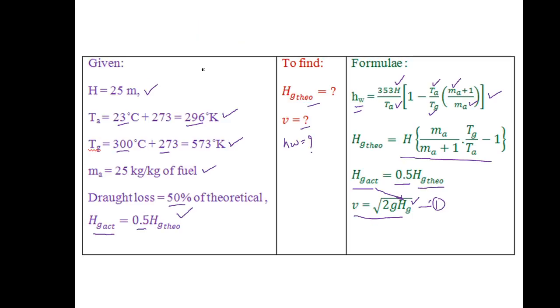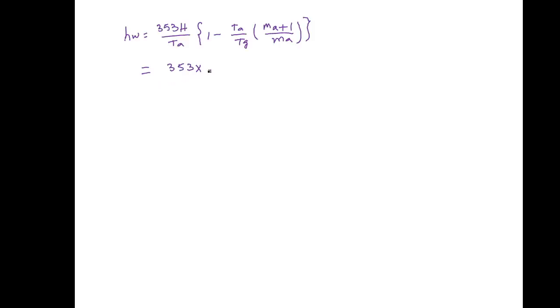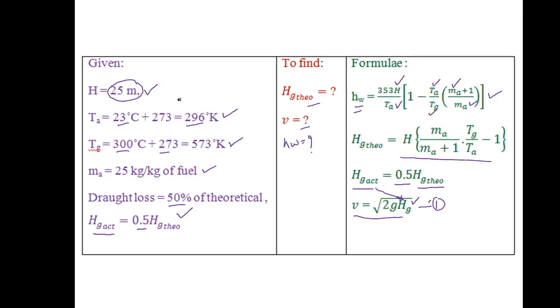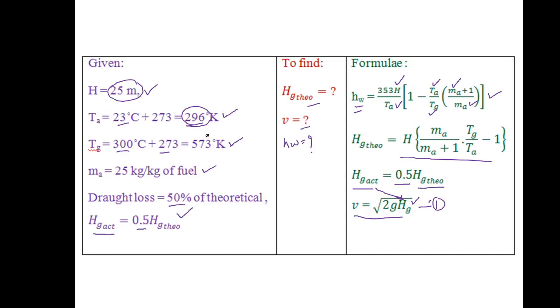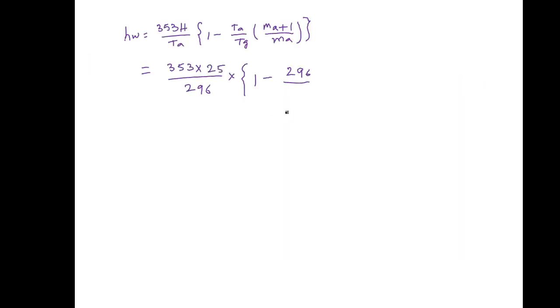The height of chimney is 25 meters, divided by TA, the ambient air temperature of 296 Kelvin, into in bracket 1 minus 296 divided by the gas temperature of 573 Kelvin.